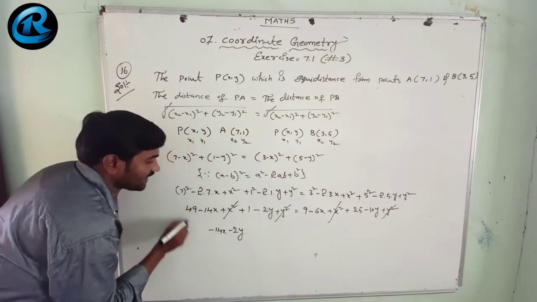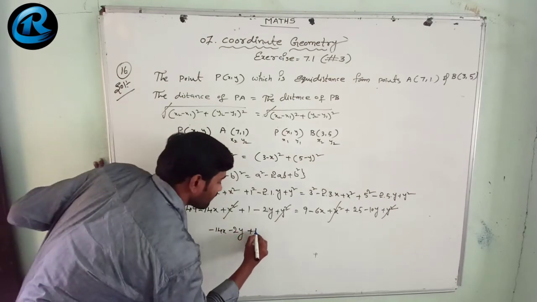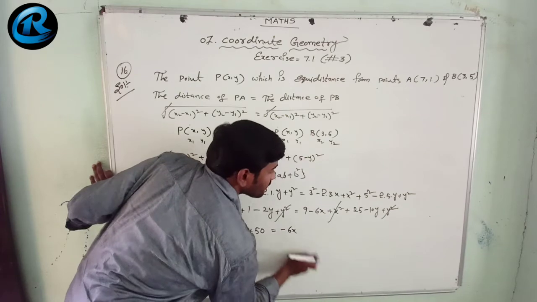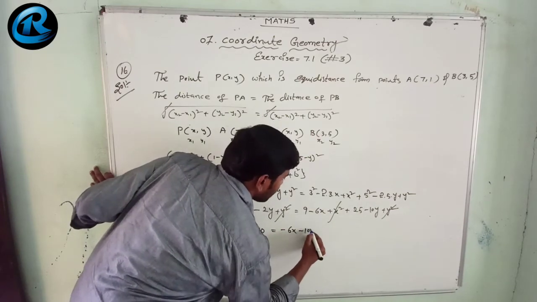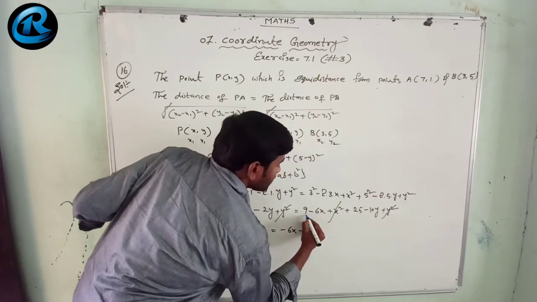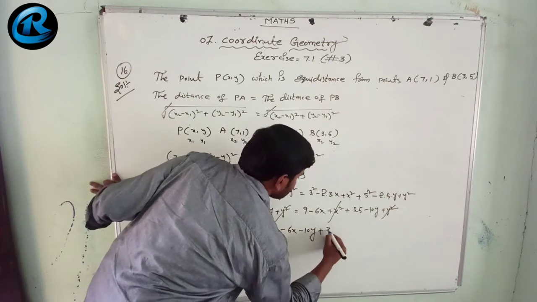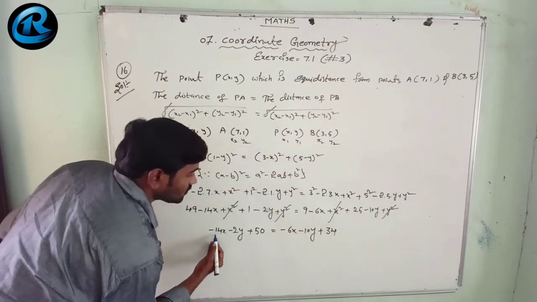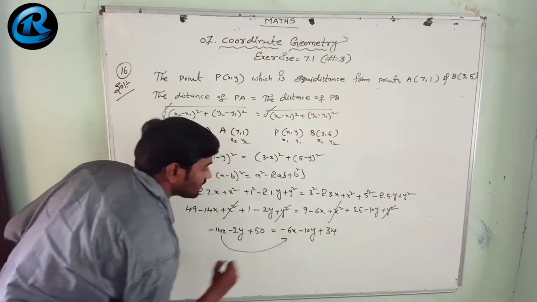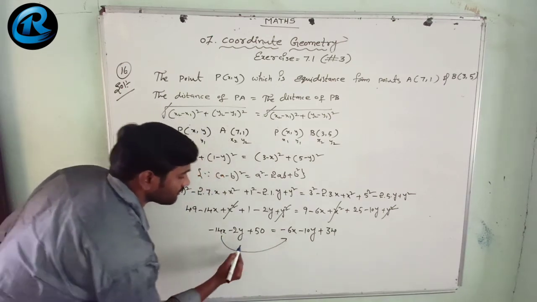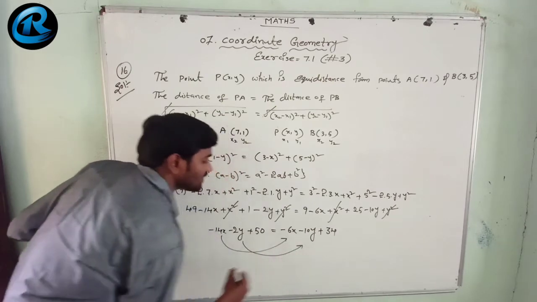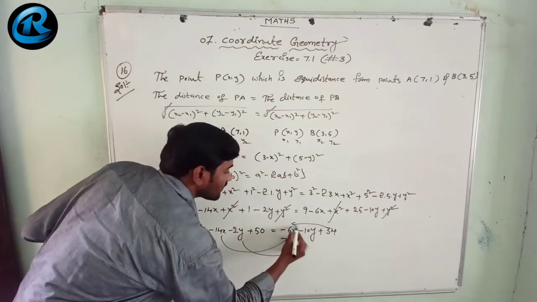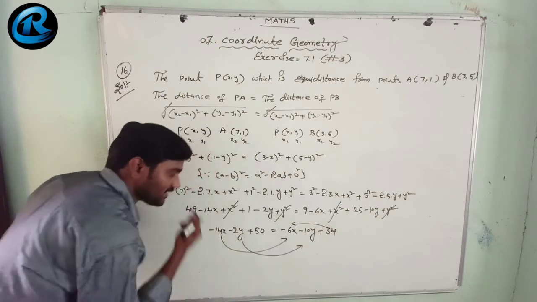Next the constants: 49 plus 1 is 50, that is equal to minus 6x minus 10y, then 9 plus 25 is 34. So this minus 14x we transfer this side, that becomes plus 14x, and minus 2y becomes plus 2y, and this 34 becomes minus 34 on the other side.